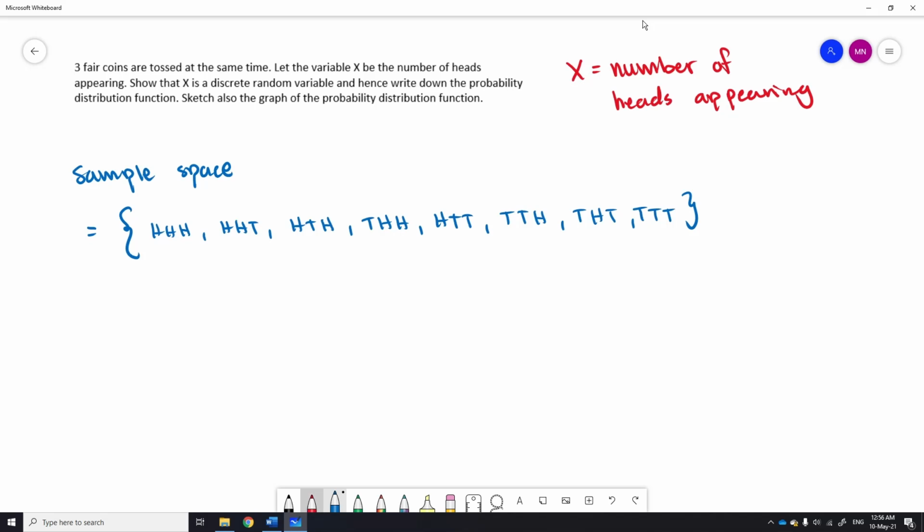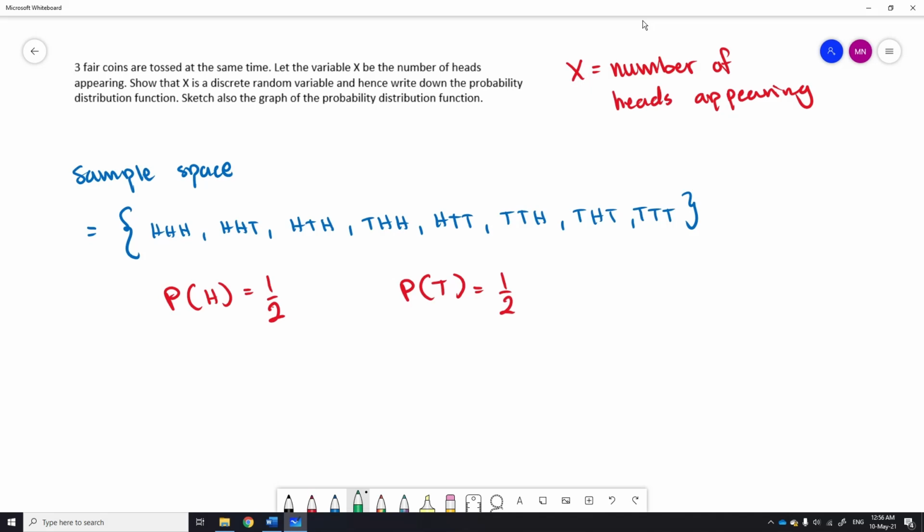Alright, so from the coin itself, the probability of getting a head is equal to 1 over 2. Okay, and then the probability of getting a tail is also 1 over 2.